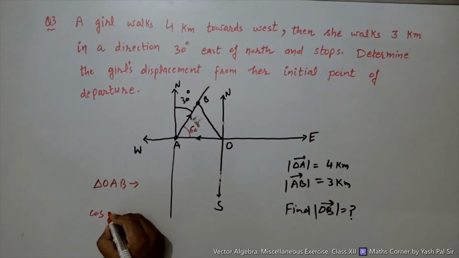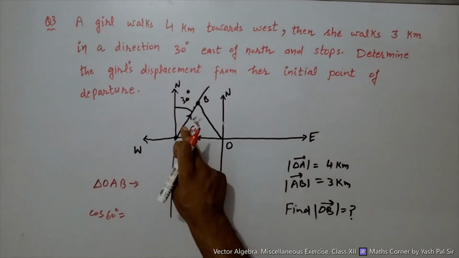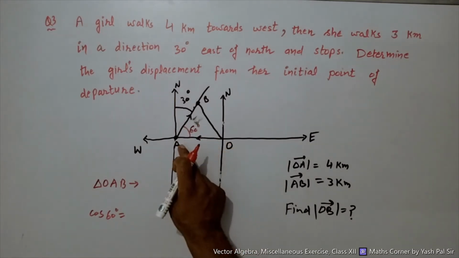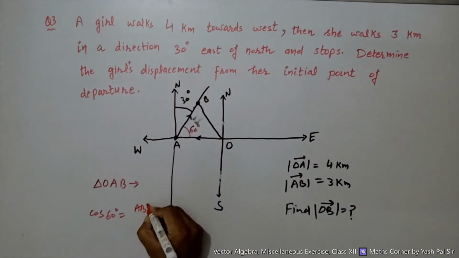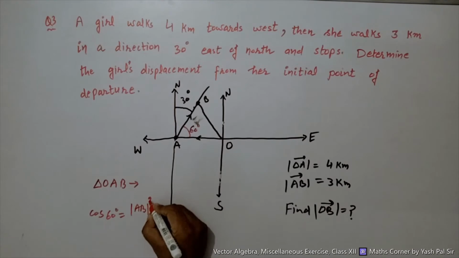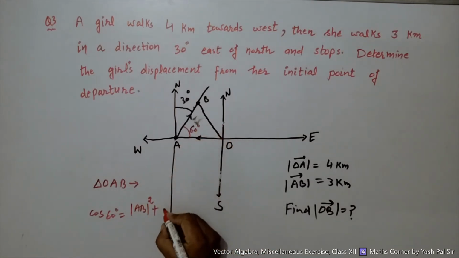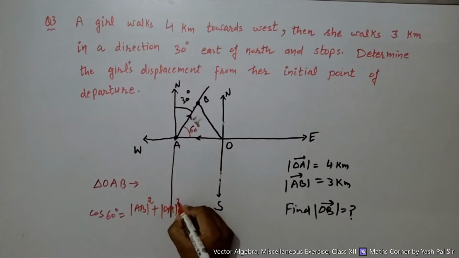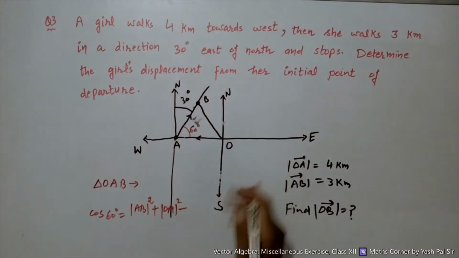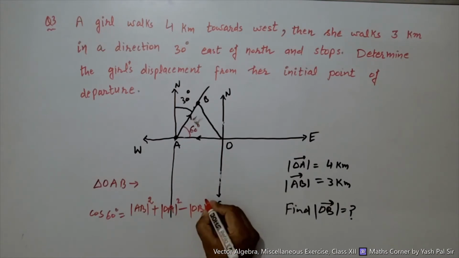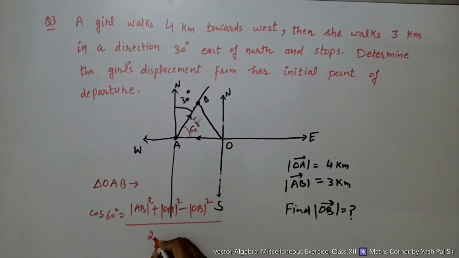We have cos theta, cos 60 degrees is equal to the sides which are making this 60-degree angle, they are AB side whole square plus OA side whole square minus the opposite side OB whole square, divided by 2 times the product of these two sides, that is side AB into side OA, magnitudes.